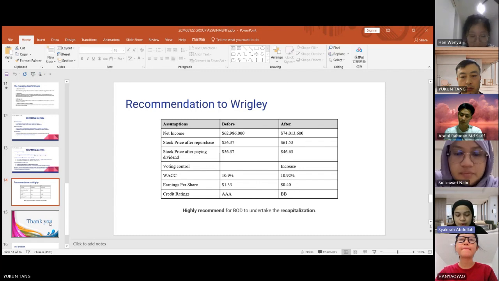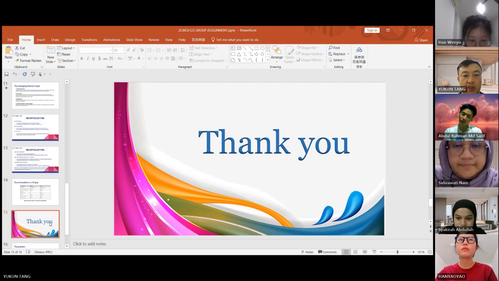Therefore, the management would have to pay close attention to WRIGLEY's expenses after recapitalization in order to maintain good cash flow and generate better credit ratings in the future. So after considering the pros and cons, the benefits still outweigh the disadvantages. Therefore, we recommend for WRIGLEY to consider the recapitalization. Thank you.